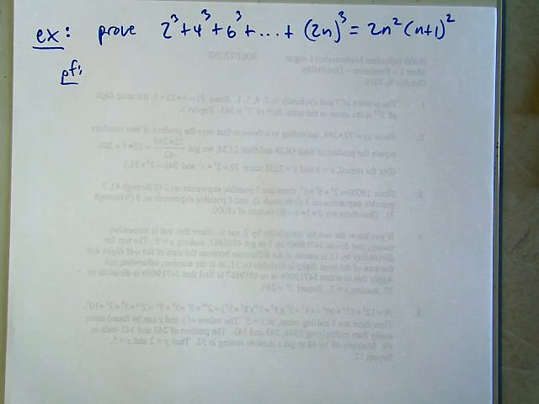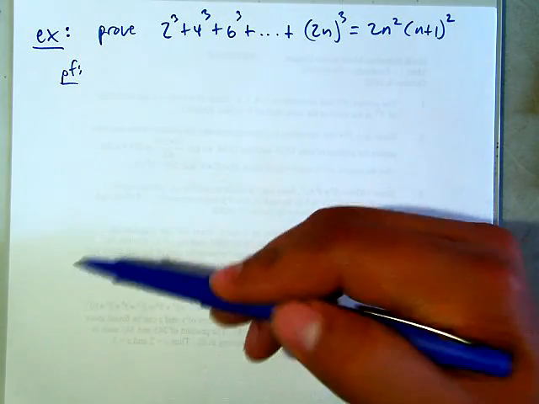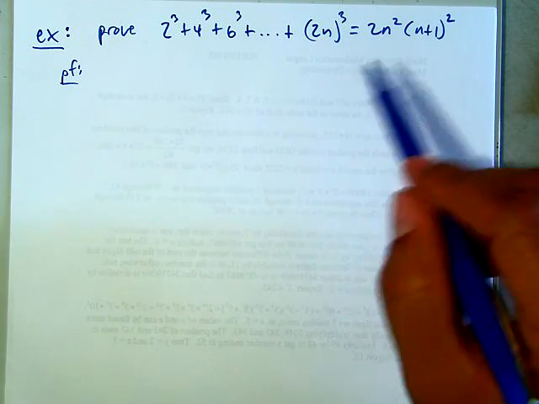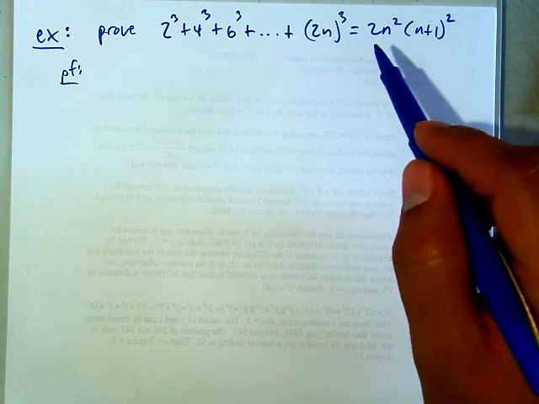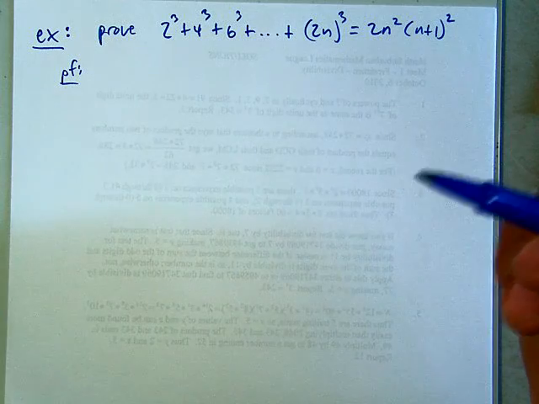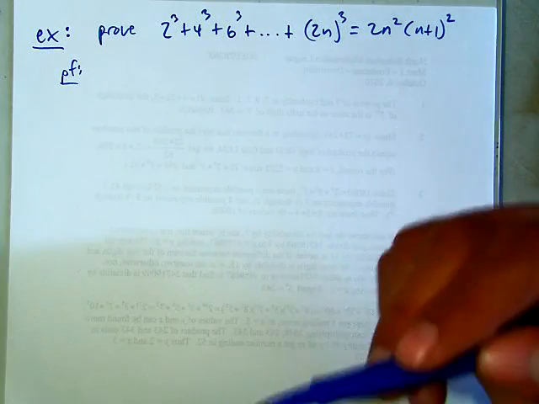So here we're essentially adding even cubes: 2 cubed, 4 cubed, 6 cubed, and so on. The shortcut says, instead of adding them all up by hand, if I wanted to do 20 even cubes, I would just do 2 times 20 squared times 20 plus 1 squared, and that'd be the answer. Okay?